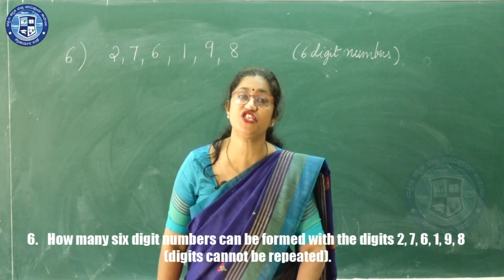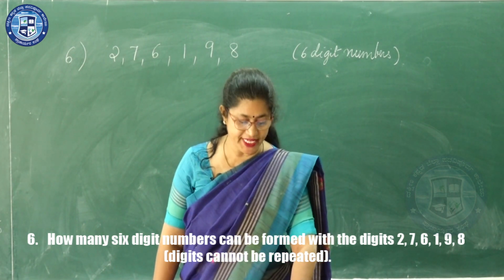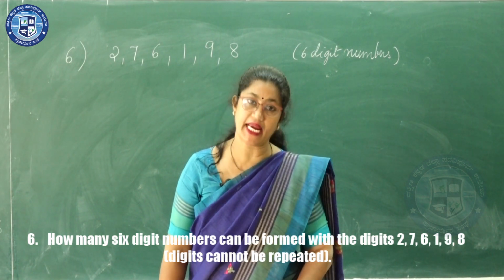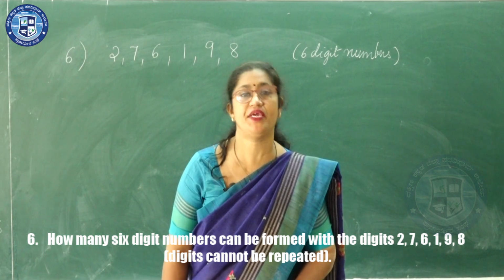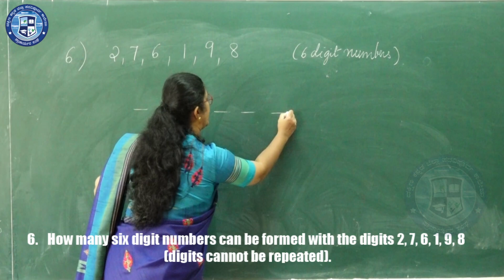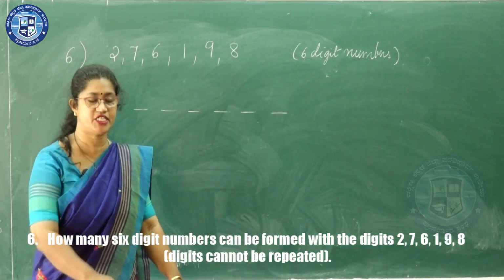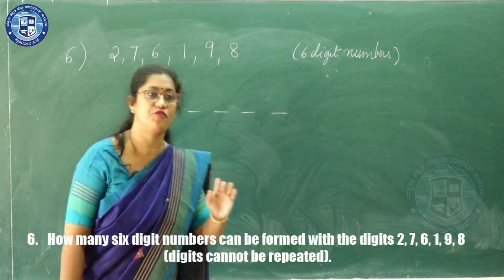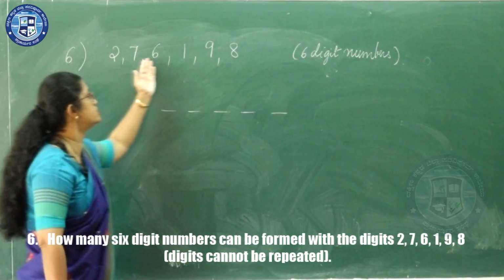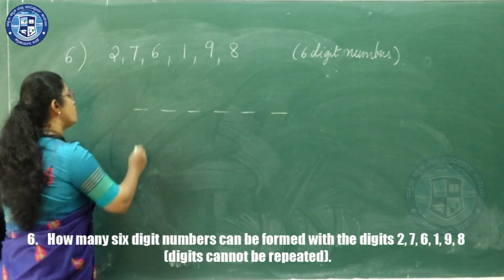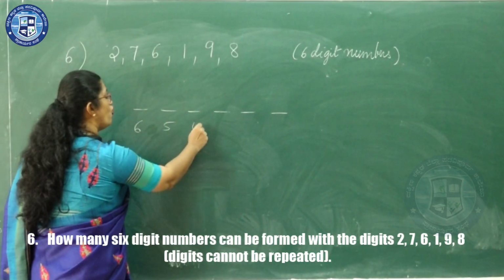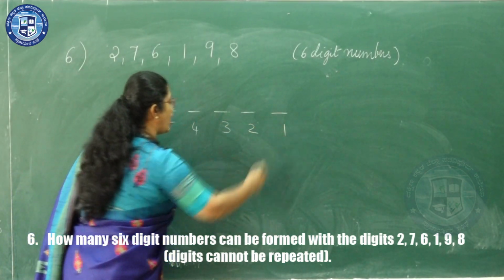Question number 6. How many 6-digit numbers can be formed with the digits 2, 7, 6, 1, 9 and 8? Digits cannot be repeated. Fine. 6-digit numbers: 1, 2, 3, 4, 5 and 6. No other restriction except that the digits cannot be repeated. Fill it in any order. The first one has how many choices? Count. There are totally 6 digits. So the first one has 6 choices and the next one has 5, 4, 3, 2 and 1.